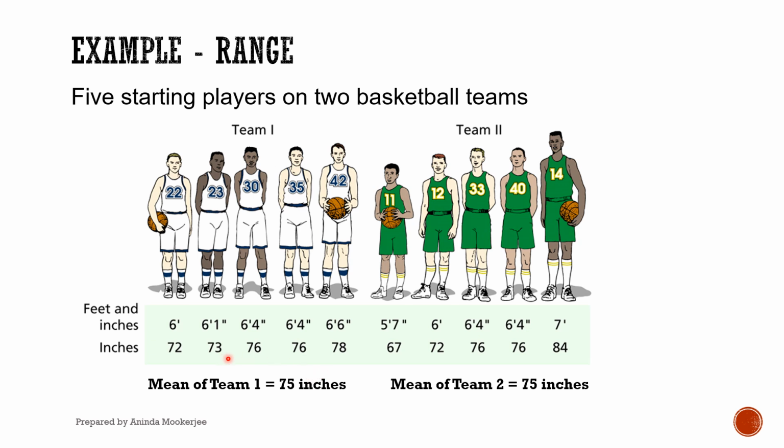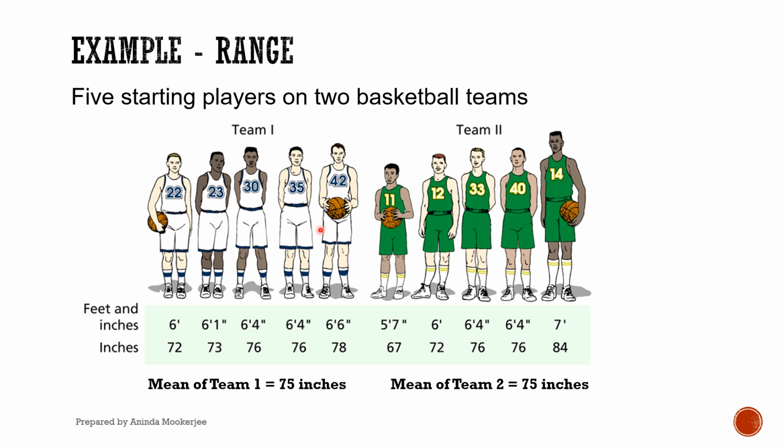So if you calculate the mean height of these 5 basketball players in team 1, we get a mean of 75 inches. In team 2, if you add up all the values and divide by 5, you will get a value of 75 inches. So both the teams have a mean height of players at 75 inches.